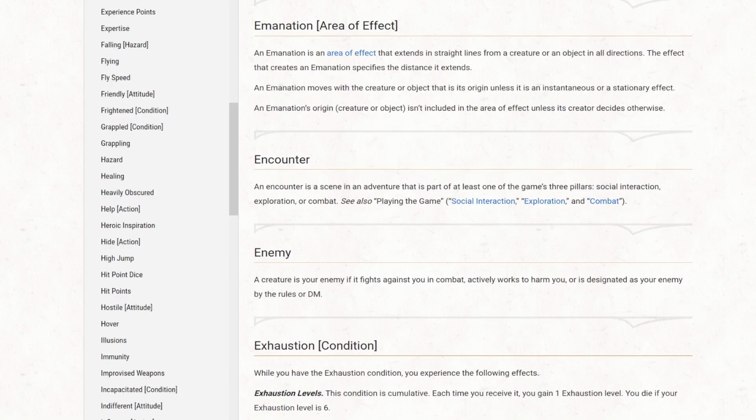Yeah, an emanation is an area effect that extends from a creature. So in theory, like with the paladin, your emanations of your auras include you. Oh, but it says an emanation's origin, creature or object, isn't included in the area of effect unless its creator decides otherwise. So paladins choose to include themselves in their aura emanations.